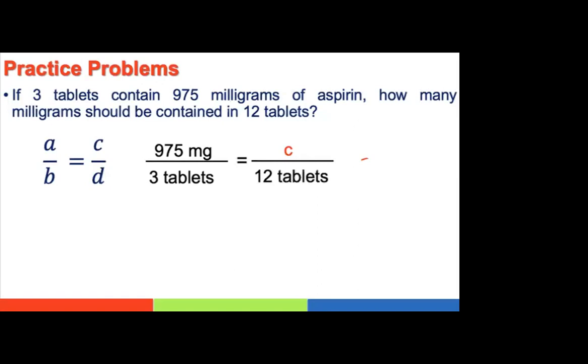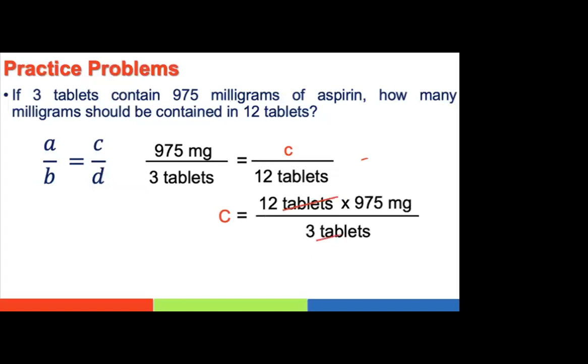Magkatapat yung unit. Cancel out the same unit, the answer here is 3,900 milligrams. Bahala kayo, kayo naman nakakaalam kung ano yung makakancel. Ako, I have to make sure na makakancel itong tablet so that ang matitira, milligrams. Okay, next problem.